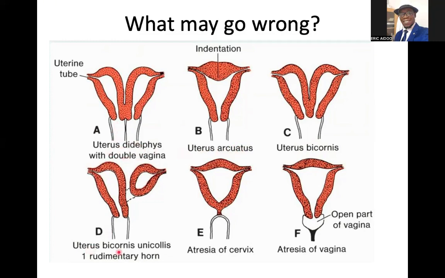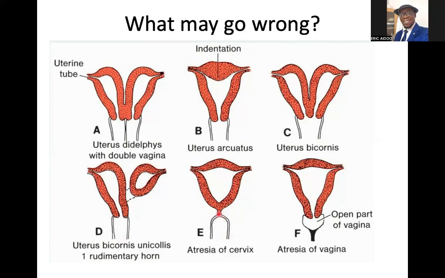You can also have uterus bicornis unicollis with one rudimentary horn. So that's the rudimentary horn, which is the other portion of the paramesonephric duct that was supposed to have joined. Okay, it did not do its migration well. Only one was able to complete the migration, and so you have just a slender uterus here with the vaginal canal, and then here you have the atresia of the cervix.